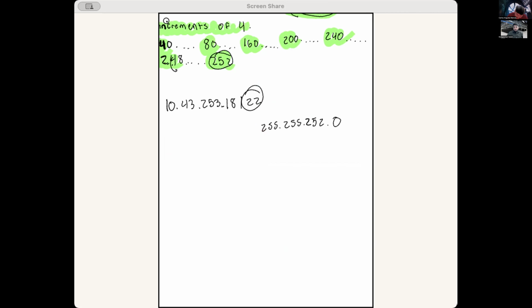So you subtract this from 256 minus 252 equals 4. So it changes every 4. So that means 10.43.0.0/22 is the first network.